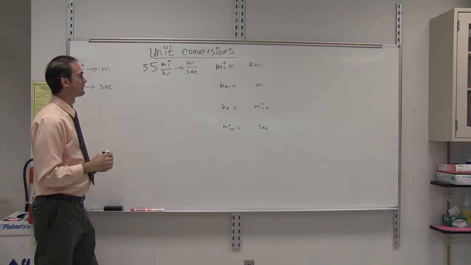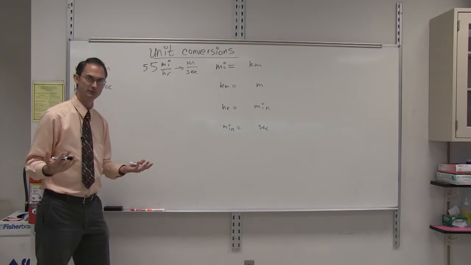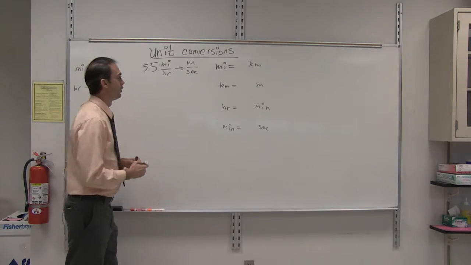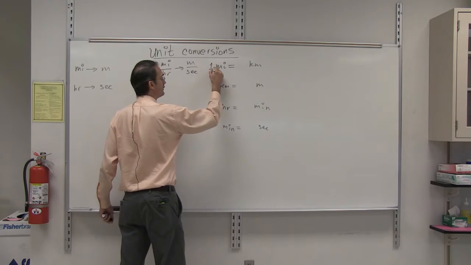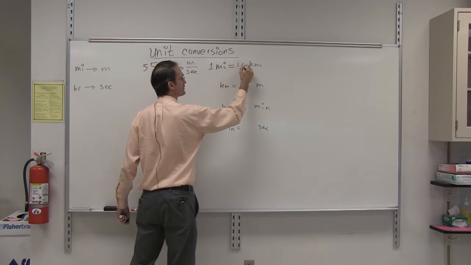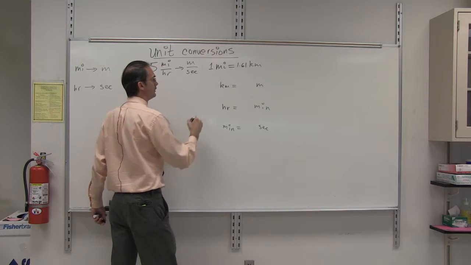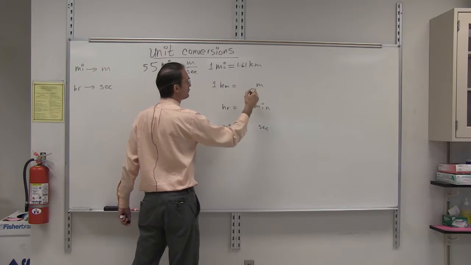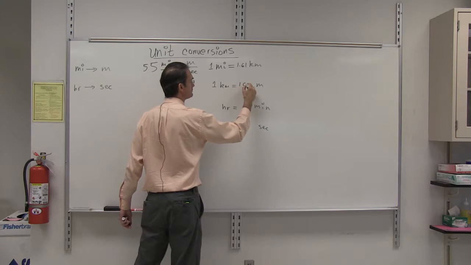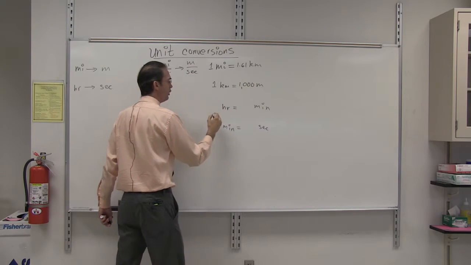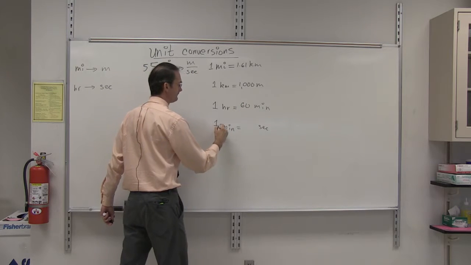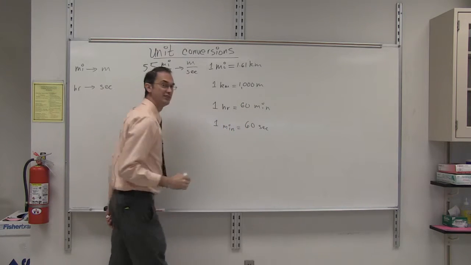So first of all, let's take a look at these conversions. You can either look up these conversions or be familiar with them. 1 mile is equivalent to 1.61 kms. 1 km, by definition, as k is 1,000, is equal to 1,000 meters. 1 hour is equal to 60 minutes, and 1 minute will equal 60 seconds.